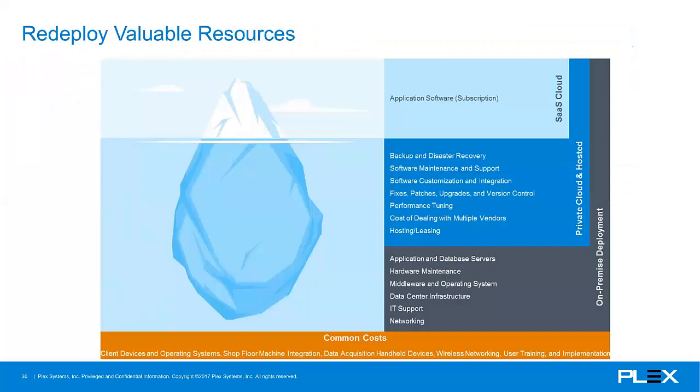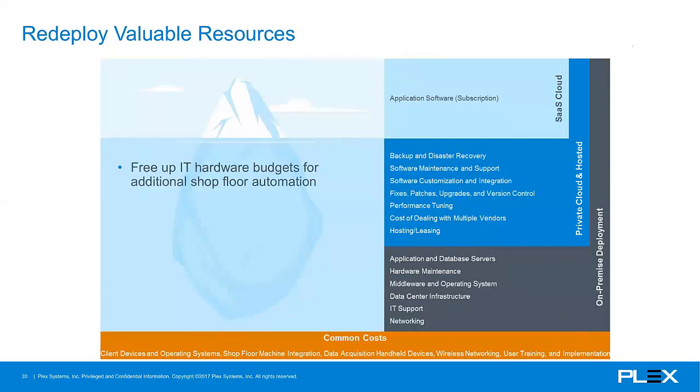The first step in unlocking your potential is deploying your resources in a highly effective manner. As you know, Plex is a cloud-based solution where many typical IT tasks are no longer a burden to the enterprise. This allows you to redeploy critical IT assets to support the performance of the operations, freeing up resources and capital to invest in the devices and machines running the shop floor to become smarter and more connected.